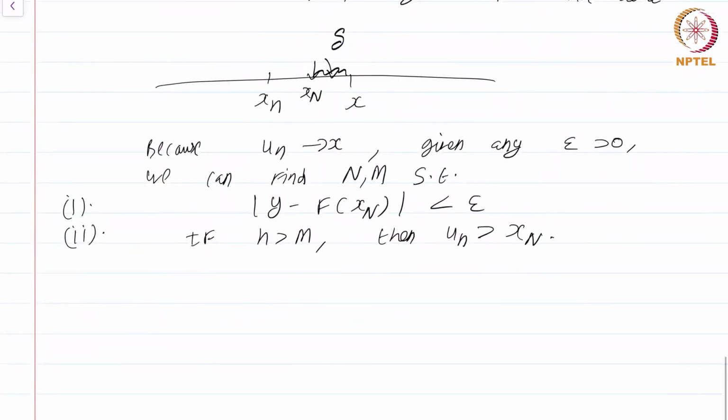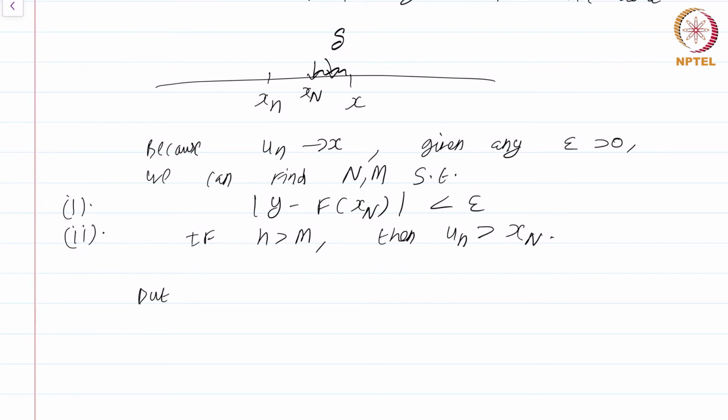Now how does this help? We actually have more data than what I have written down. I have written modulus of y minus f of xn; I could have forgotten about the modulus.